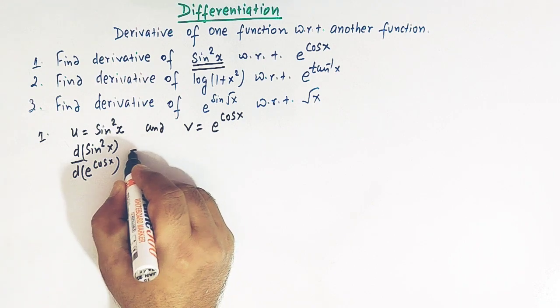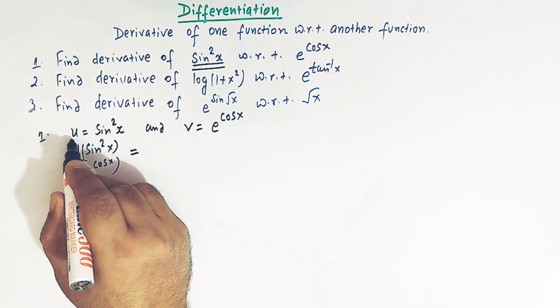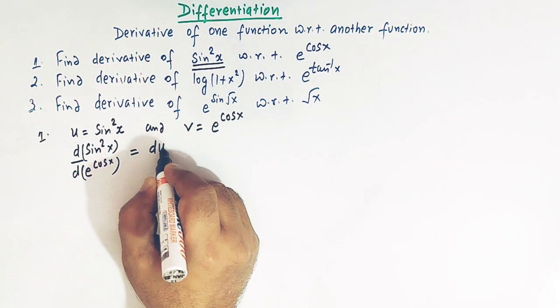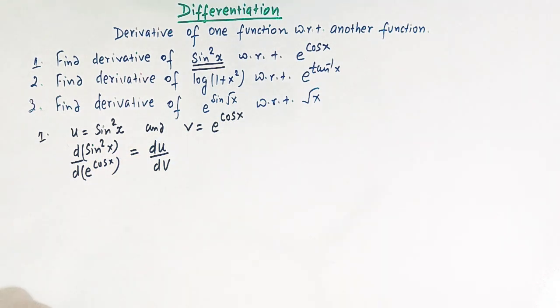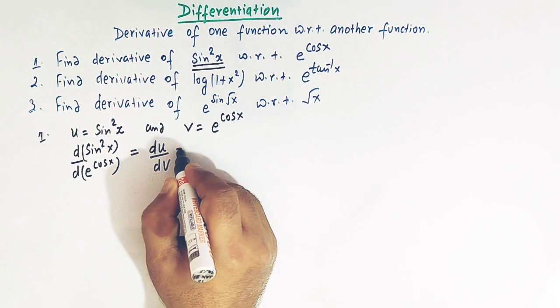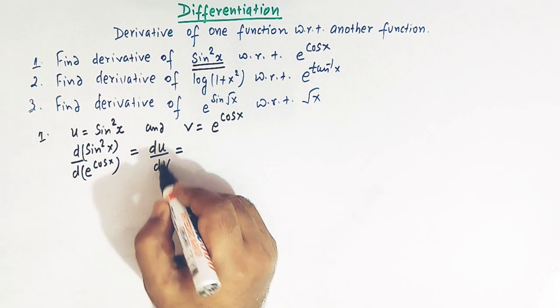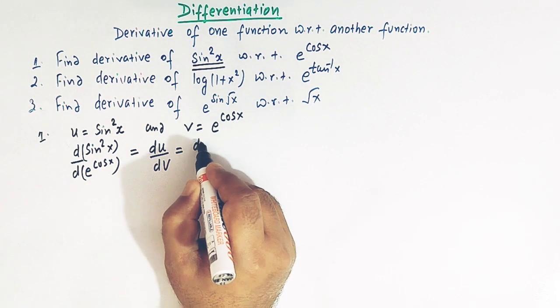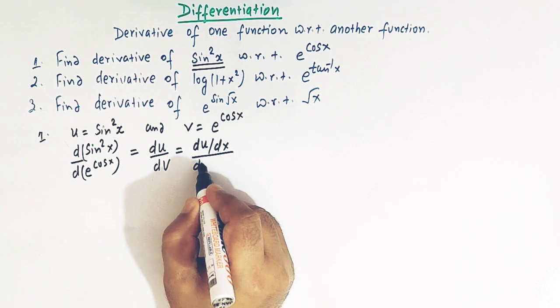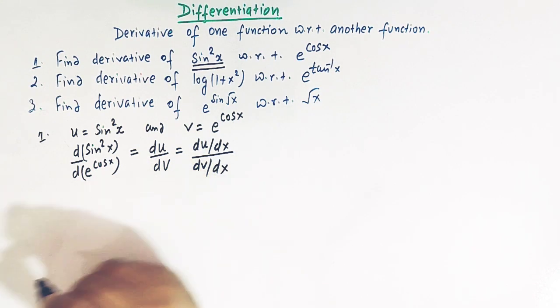If we take sine square x as u and e raised to cos x as v, we get du over dv, and we have to find du over dv. Now we can write du over dv as du by dx divided by dv by dx.